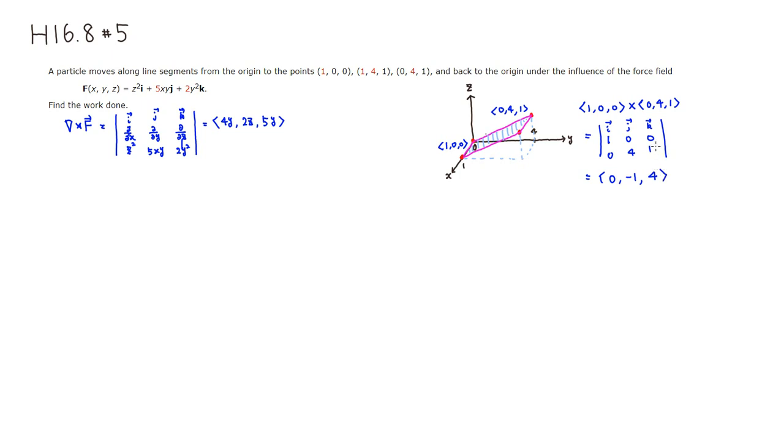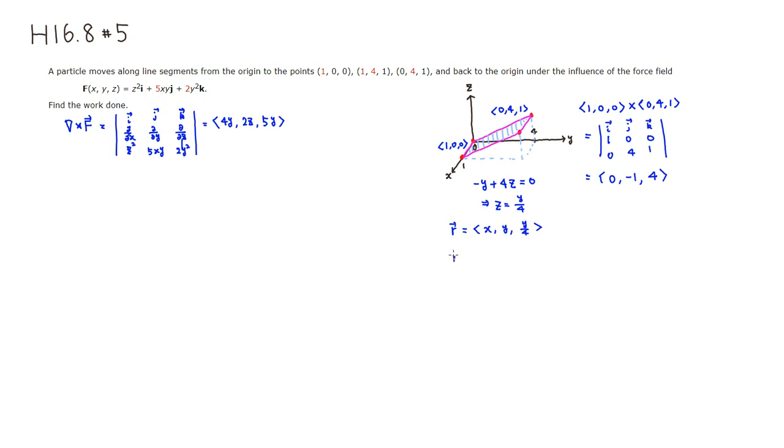So the equation of this plane is going to be 0 times x, negative y, plus 4z equal to 0, which gives us the equation z is equal to y over 4. So we have this parameterization r, which is x, y, and z is y over 4.